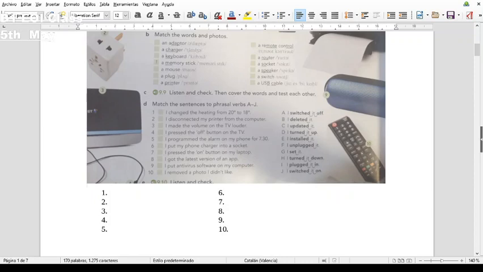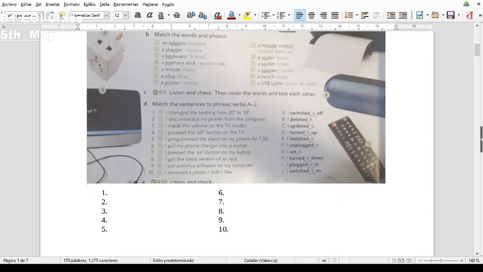Then if I change the heating, I have to choose: I switched it off, I deleted it, I updated it, I turned it off, I installed it, I unplugged it, I set it, I turned it up or down, I plugged it in, or I switched it on. Then match the sentences with the corresponding phrasal verb.